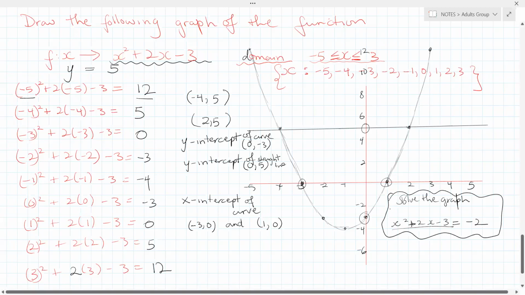Remember, you are solving the graph. That means you have to put it on the graph and actually solve it, right? So you have the graph of x squared plus 2x minus 3. If they say it's equal to -2, what does that tell us? The whole line will be equal to the -2. So what do we do with this -2 here?